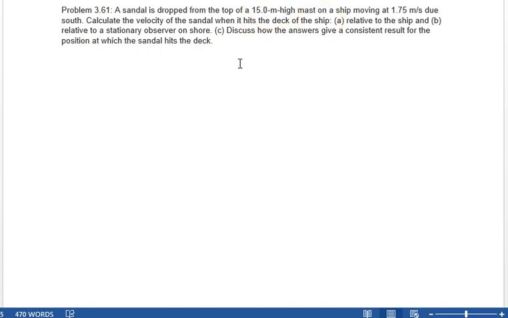Okay, so let's start with part A, figuring out how long it takes for it to hit the deck. In Y, we're looking at 1/2 a_y t squared plus v naught y t plus y naught. So initial position y naught is 15 meters.